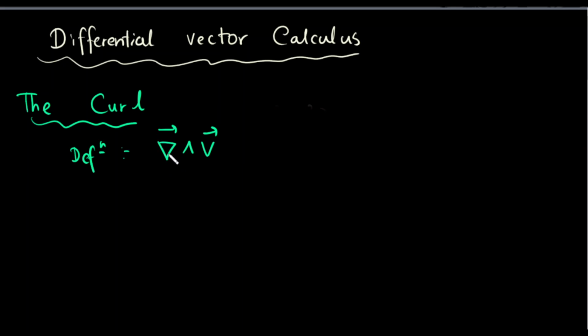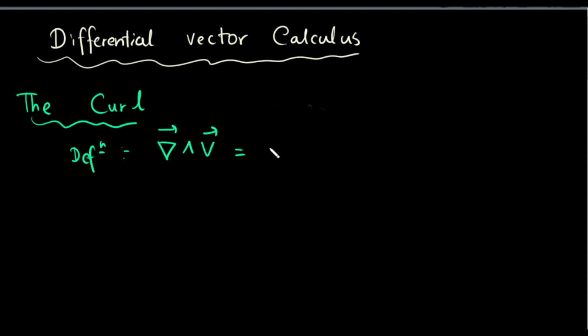You know that the del operator is always a vector. So this is actually a cross product between two vectors. That means we have to use a matrix format, or you can go through with the definition.